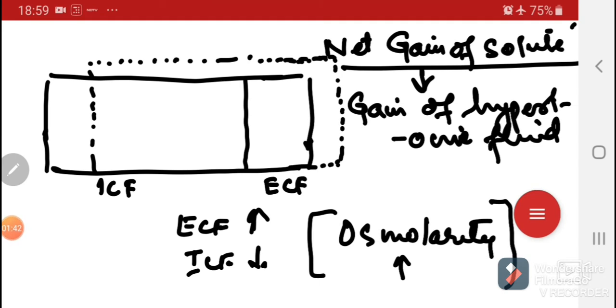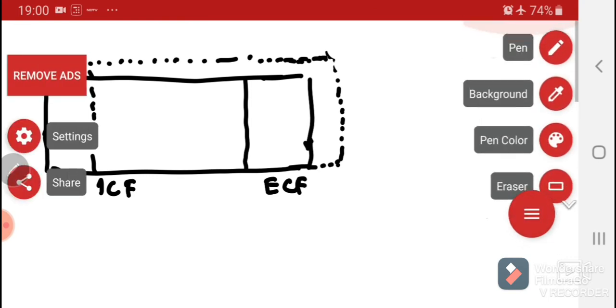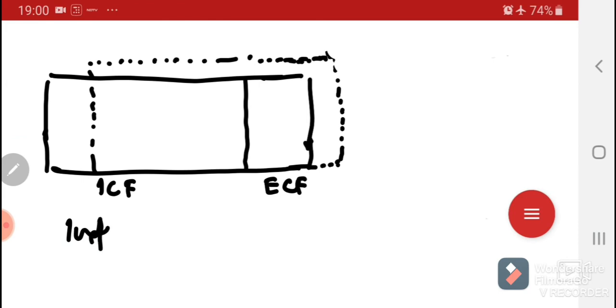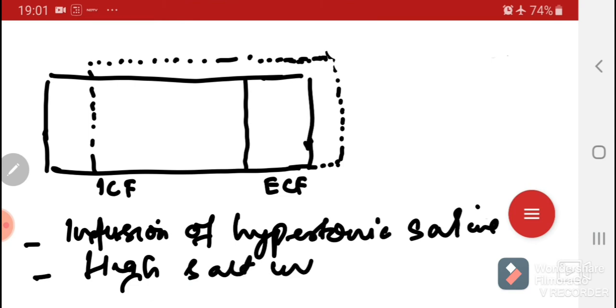So what are the scenarios or clinical situations where we encounter this? We encounter such a situation because of infusion of hypertonic saline, high salt intake, mannitol, when we inject mannitol, and when we give colloids.